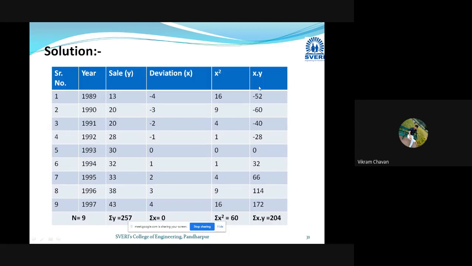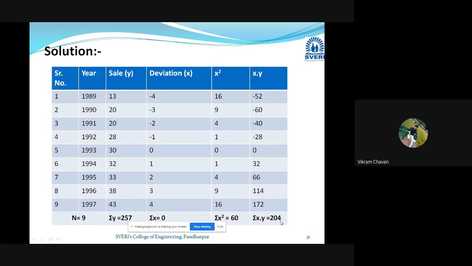So we have done all the multiplication of the sales value for the particular year and the deviation value for that year, and we have written it over here. At the end, we take the summation of those products, summation of x multiplied by y.